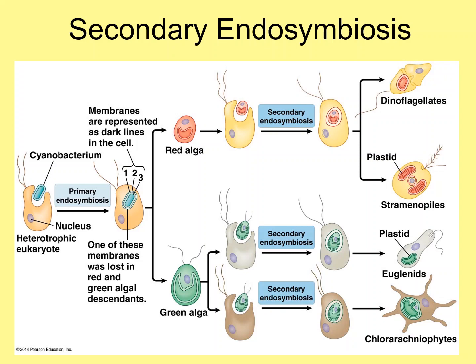And then, of course, you had eukaryotic cells ingest that green algae in multiple lineages, right? So this has happened multiple times. So here we've got our ancestral algae. I'm just going to put this right here. So our ancestral algae.